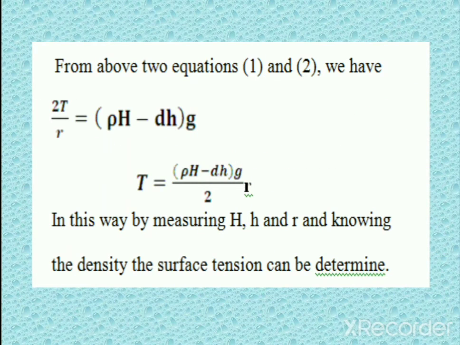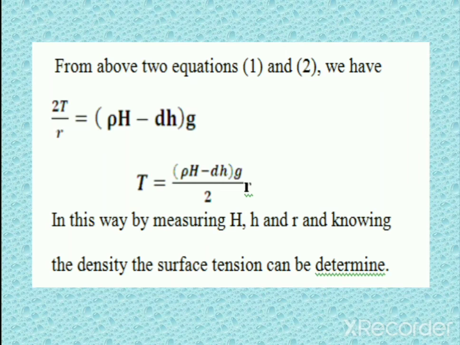Now we have two equations: the excess pressure of an air bubble in a liquid, that is 2T upon R, is equal to the excess pressure measured, which is (ρh minus dH) g. Equating both equations, we get surface tension T equal to (ρh minus dH) g upon 2R.